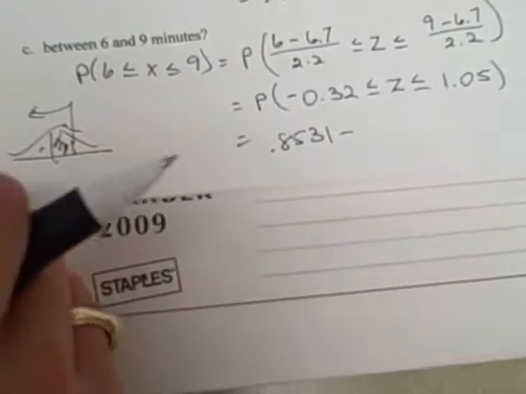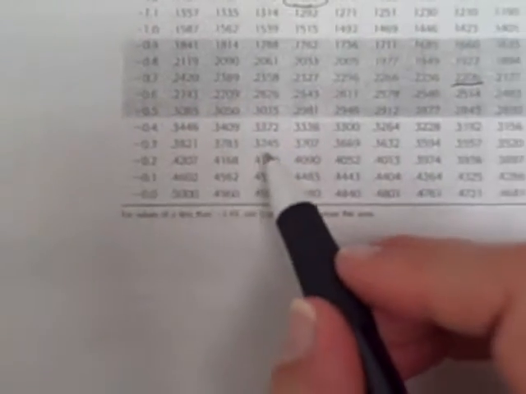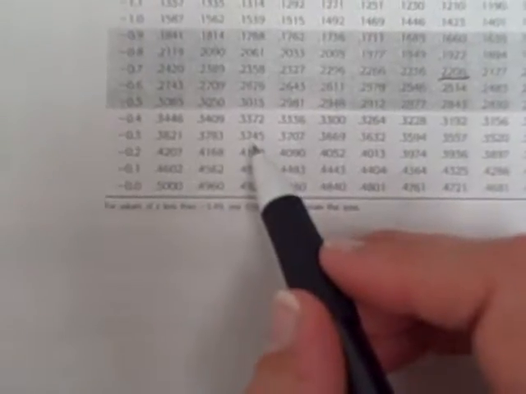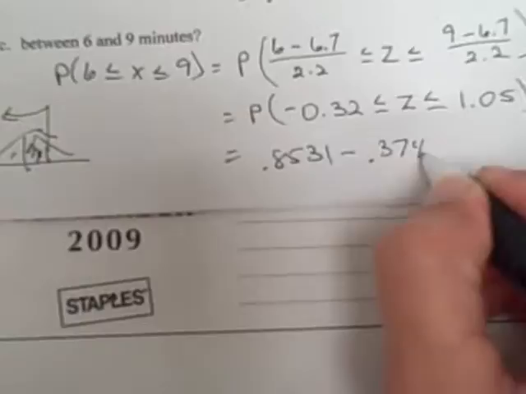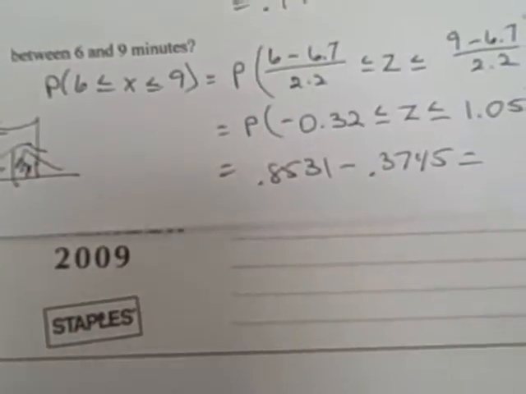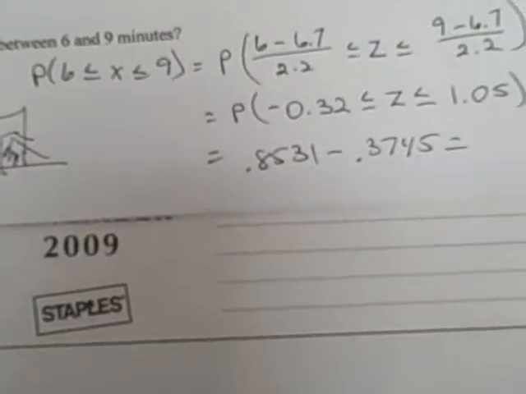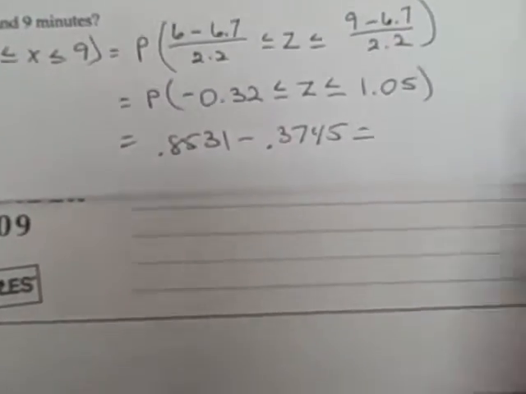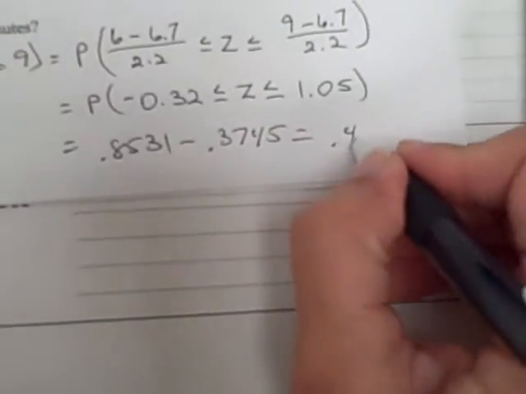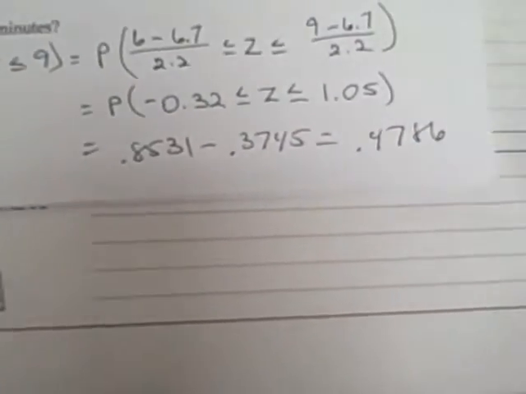Minus, and then I'm going to look up the negative 0.32. Negative 0.32 is 0.3745. So 0.8531 minus 0.3745, and we get 0.4786.